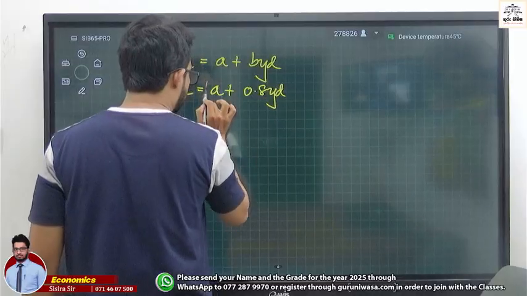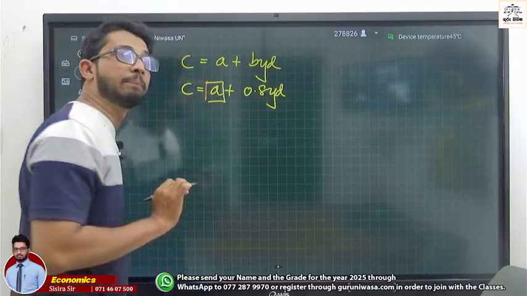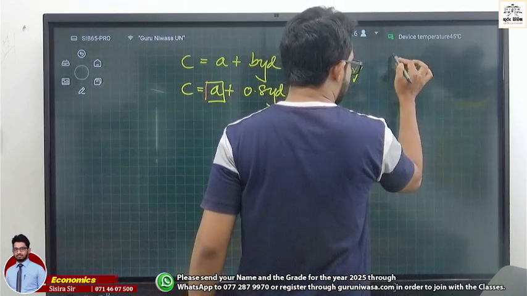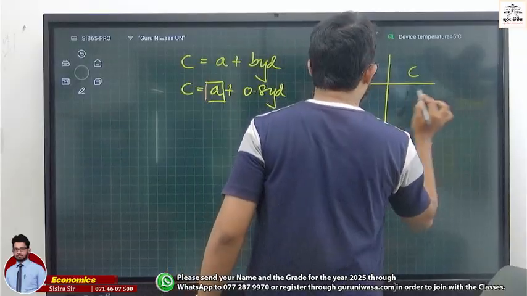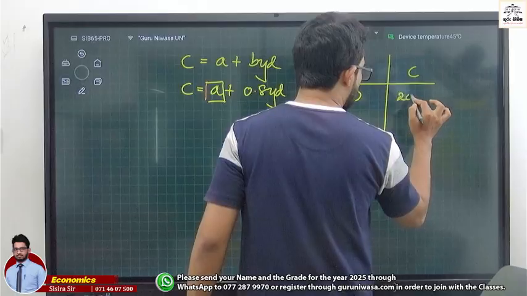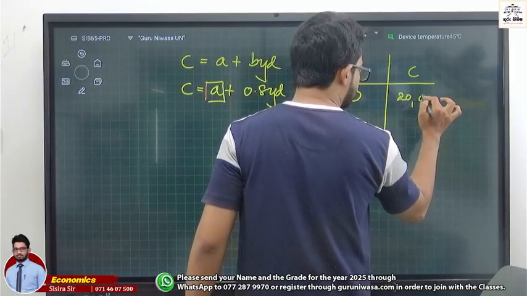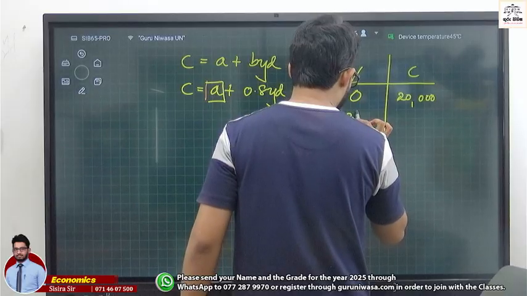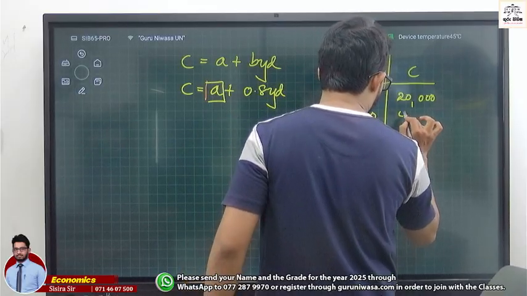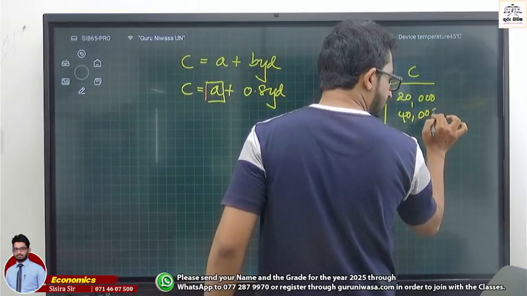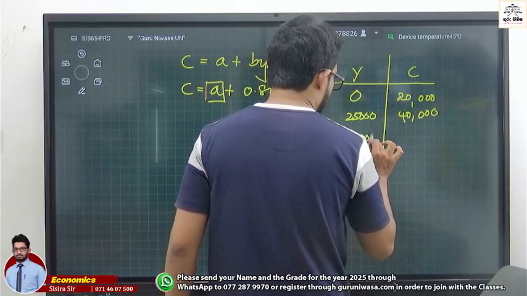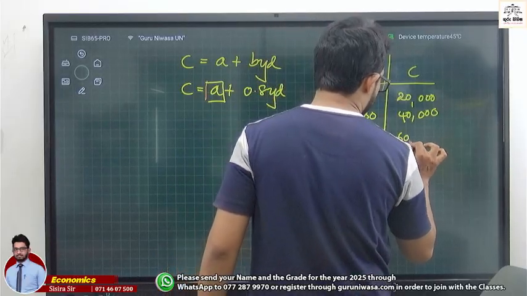Next step is to calculate the value of A. How do you read the table? Y is on this side and C on this side. When income is 0, C is 20,000. When income increases to 25,000, consumption is 40,000. When Y increases to 50,000, consumption is 60,000.